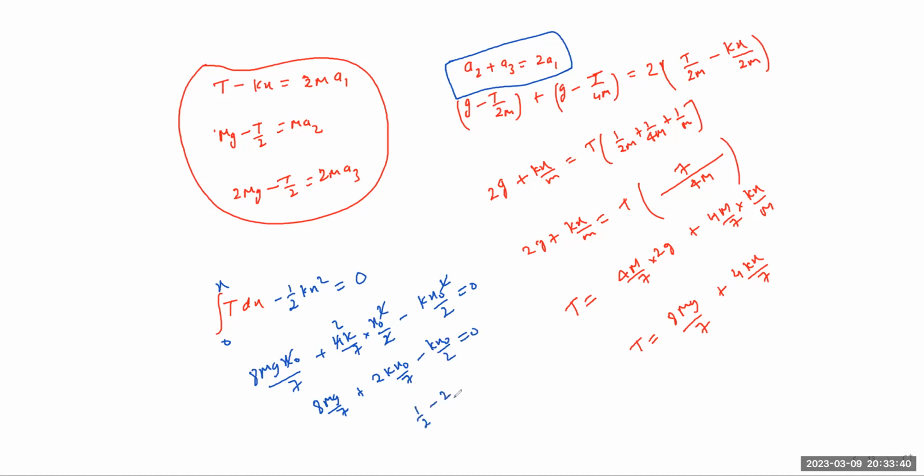So 1 by 2 minus 2 by 7 into k x naught is 8 mg by 7. 7 minus 4 is 3 by 2 k x naught equals 8 mg. 7 gets cancelled. So x naught is 16 mg by 3k, right? Yes. That's why the first option is incorrect.